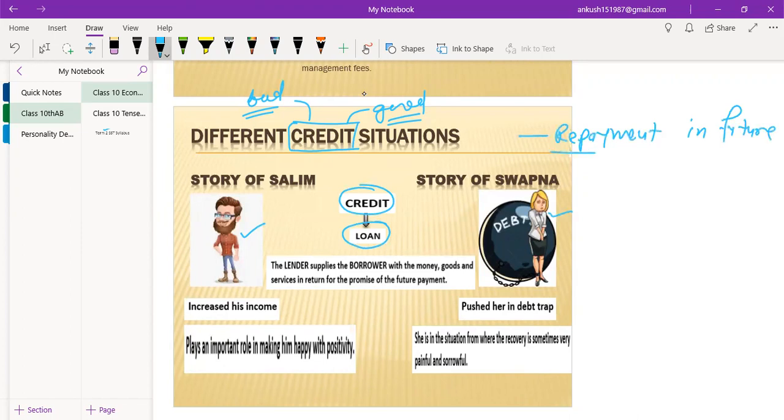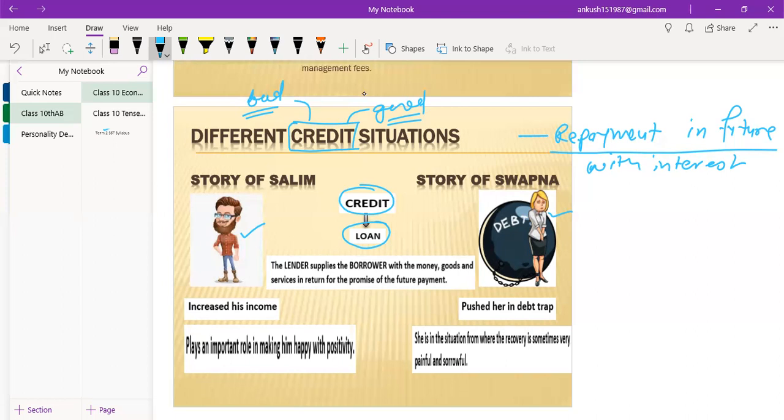Until and unless you promise to repay your money with interest, nobody would lend you money in the form of loan or credit.